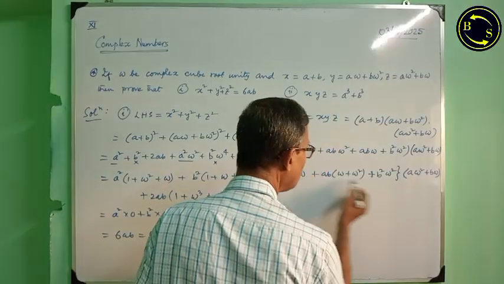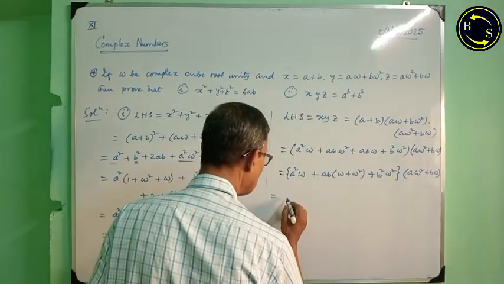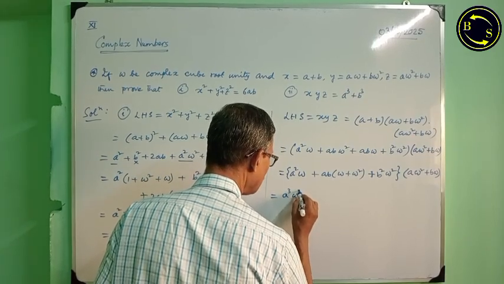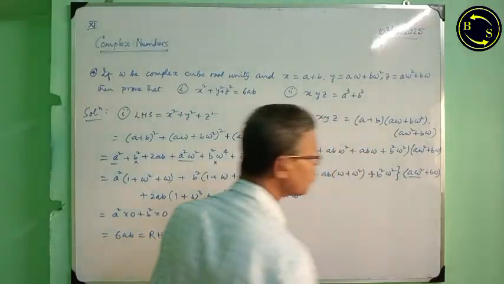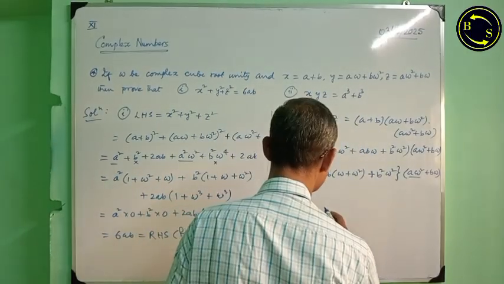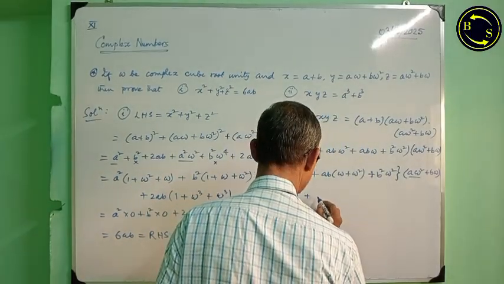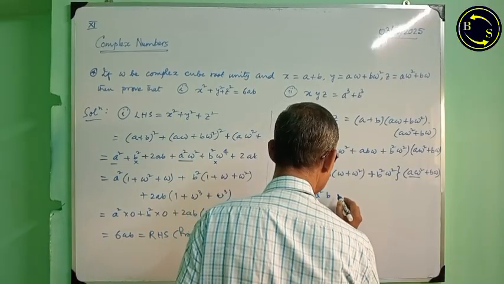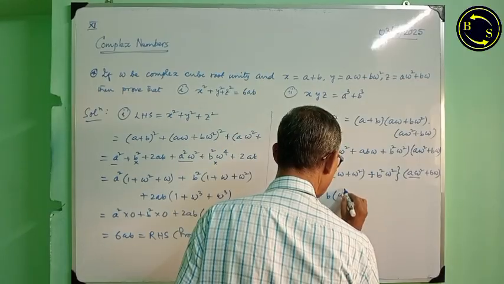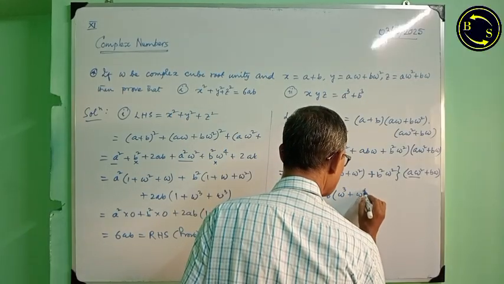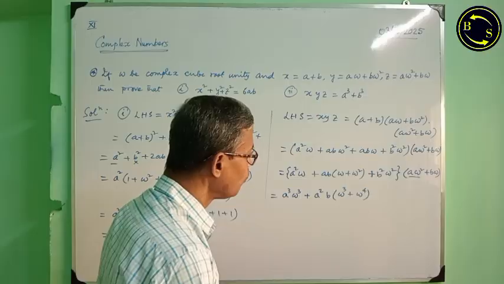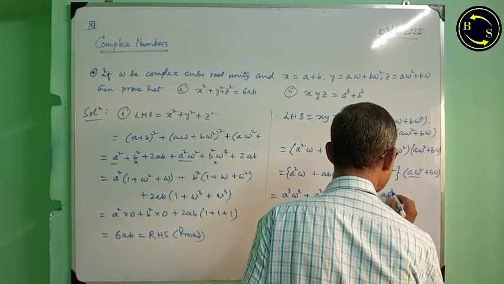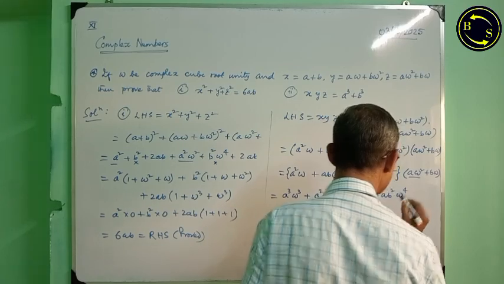Then I multiply the whole by this term first, then a cube omega cube. I have taken first this one plus a square b within brackets omega cube plus omega to the power 4, plus ab square omega to the power 4.